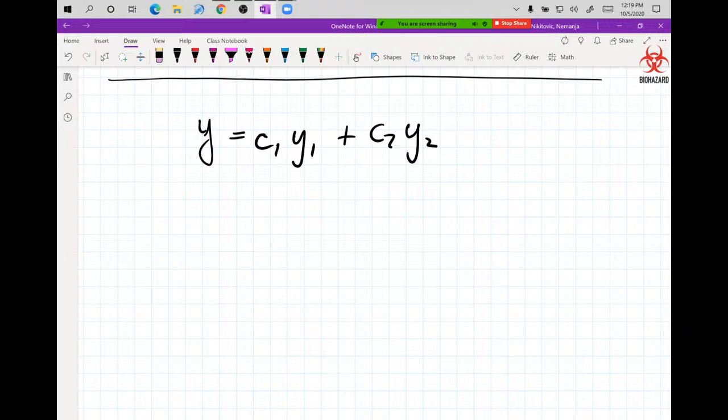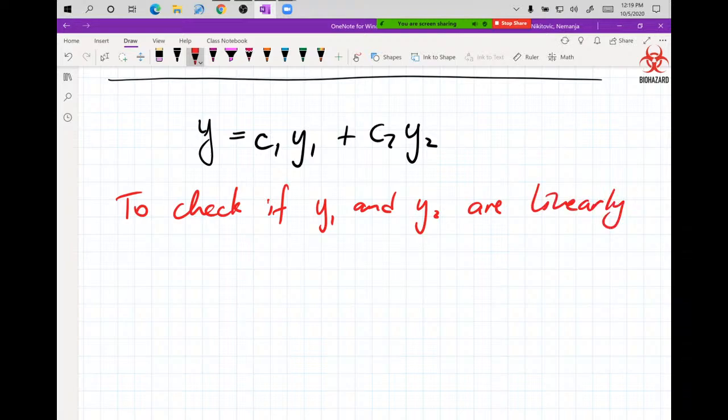Now, to check for linear independence, this needs to be written in blood. Hold on. To check if y1 and y2 are linearly dependent, we use something that is called the Wronskian, and we have to learn what that is and how to compute it.